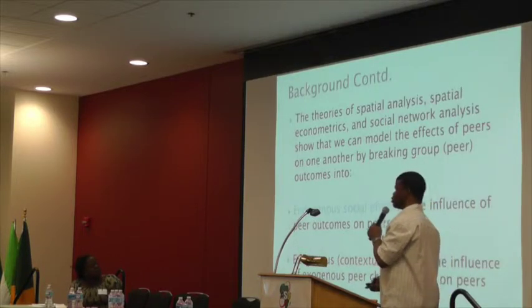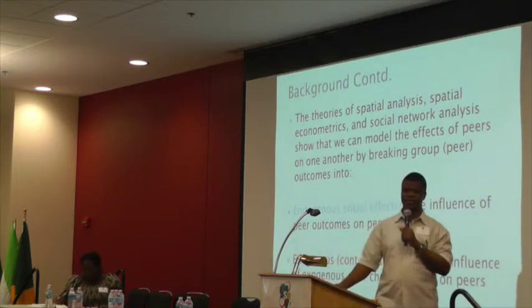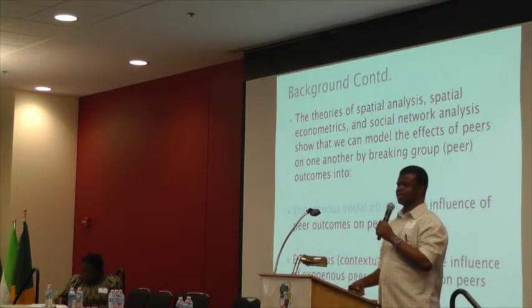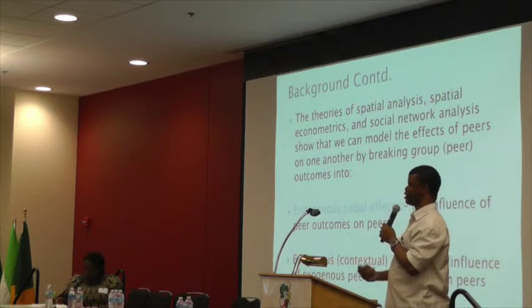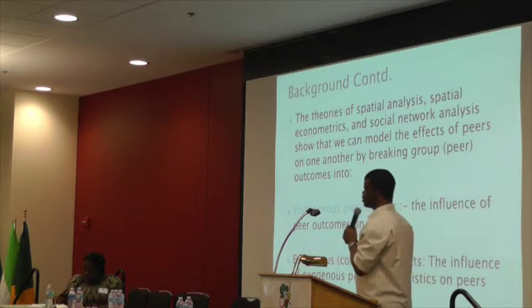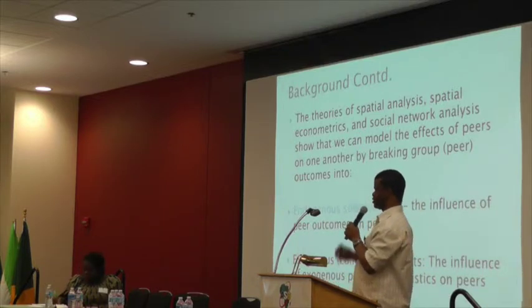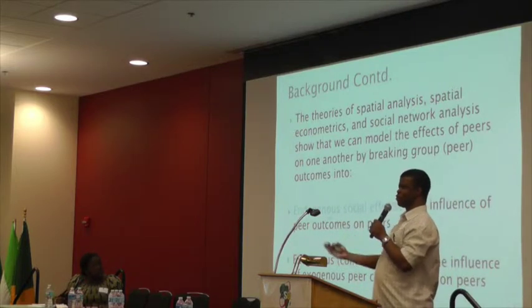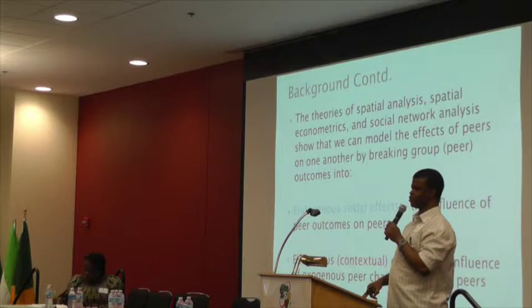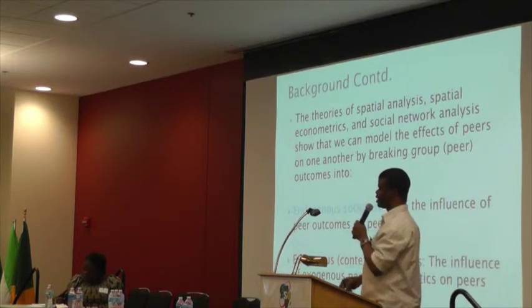There is what we also call spatial analysis, spatial econometrics. It's one of the branches of the area I work in. Econometrics is a major tool in economics. Econometrics generally is a combination of math, economics, and statistics. When you combine the three, it's called econometrics. It goes further to spatial econometrics, from which we have spatial analysis.